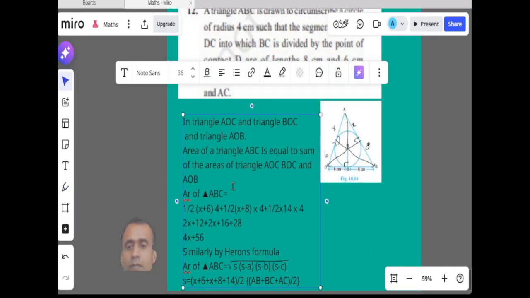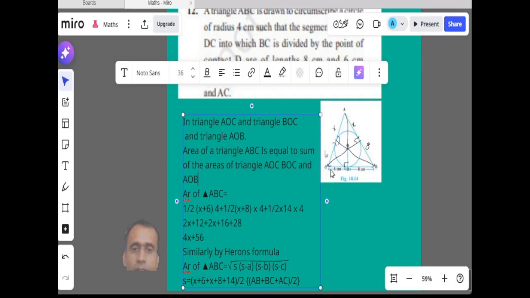Similarly, we calculate the area of the triangle by Heron's formula. S is the semi-perimeter, AB plus BC plus AC divided by 2. So the area is the square root of S into S minus A, S minus B, S minus C. So we find S. S is the sum of the three sides divided by 2.